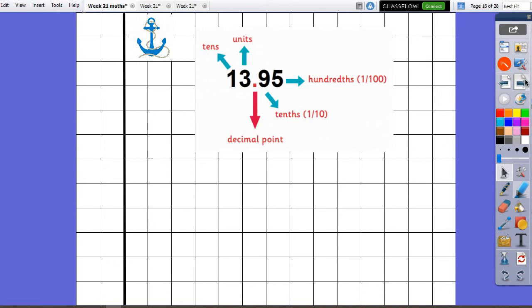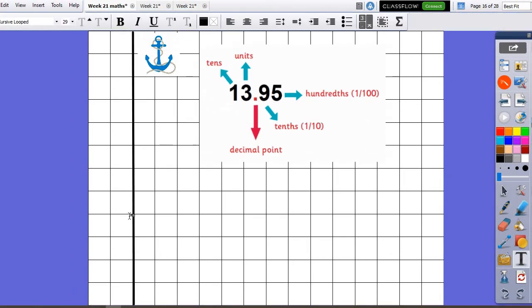I need to know those names because in questions, particularly in maths challenges and in papers, it will say how many tenths are in this number, how many hundredths are in this number. I need to know what the value is. So for example, here, I know that there are 5 hundredths.